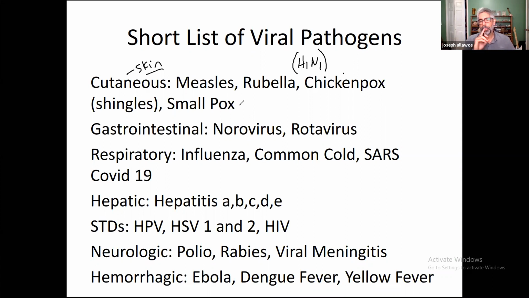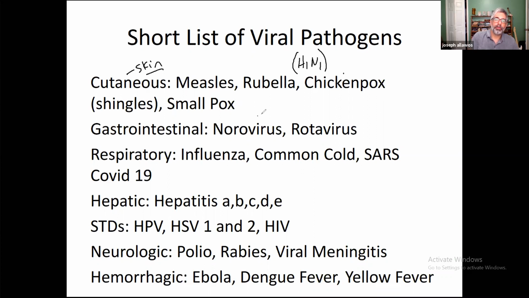These are so-called childhood diseases as well, measles, mumps, rubella, chickenpox. These are all things that many people would be vaccinated against. It turns out that if you get these later in life, it can be more serious. For example, measles can kill you if you get it as an adult. It can be very dangerous.